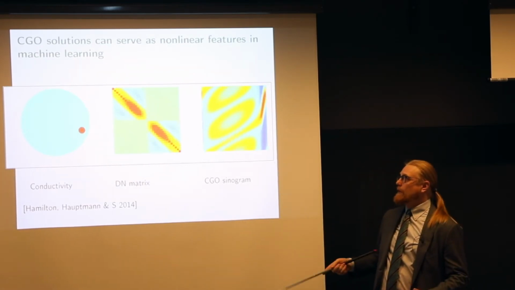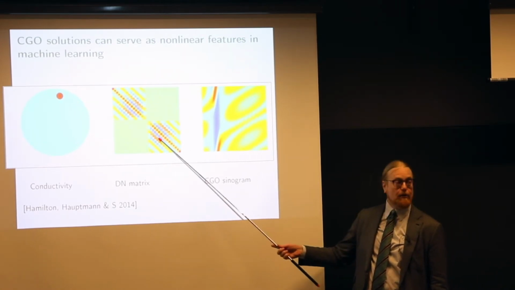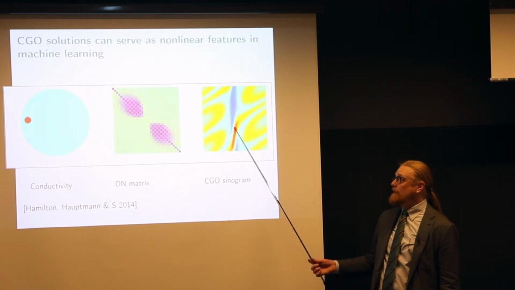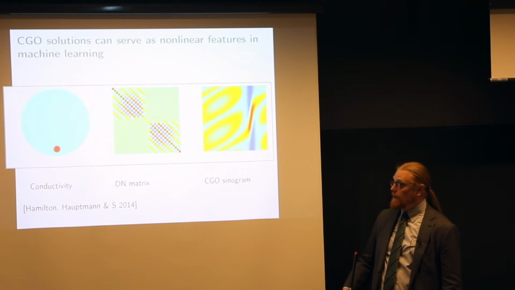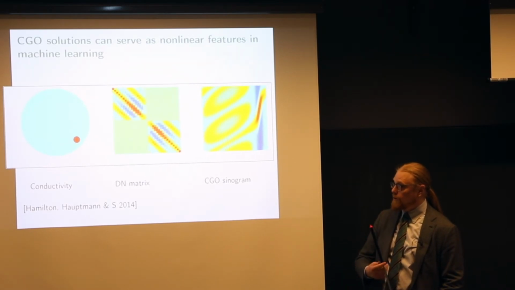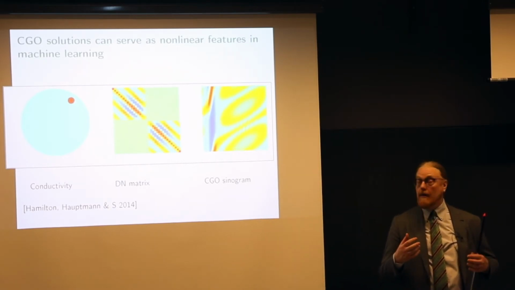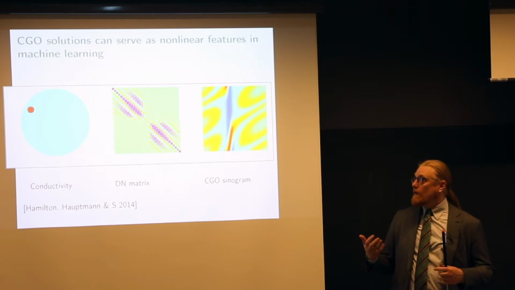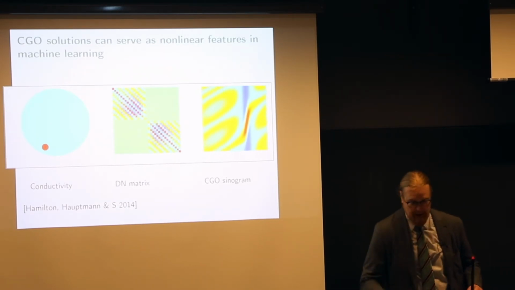So somehow with the point that I think this will be a much better feature for learning than the raw data. Just to do some nonlinear processing first, get this one, and maybe it's much easier to learn from this to find out where the dot is. So this is kind of my current philosophy in how to combine inverse problems math and machine learning to provide nonlinear features for learning to make it much easier.